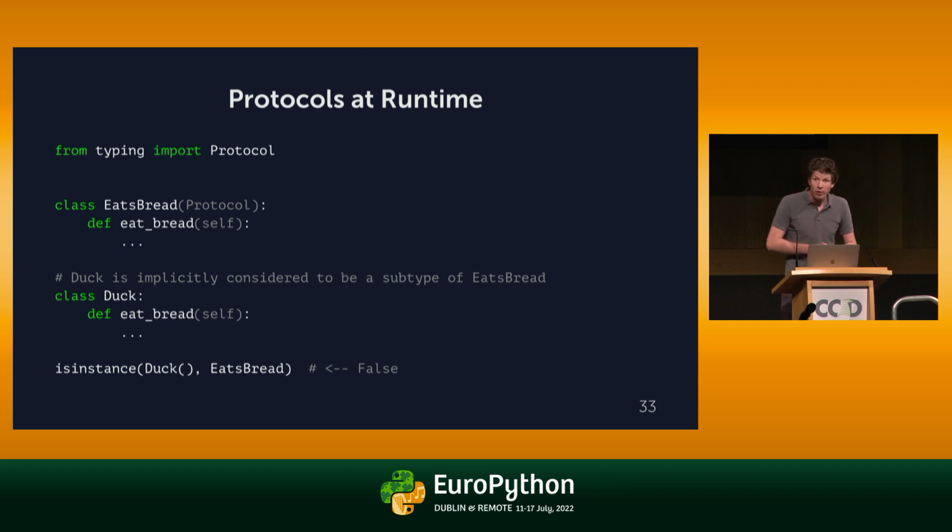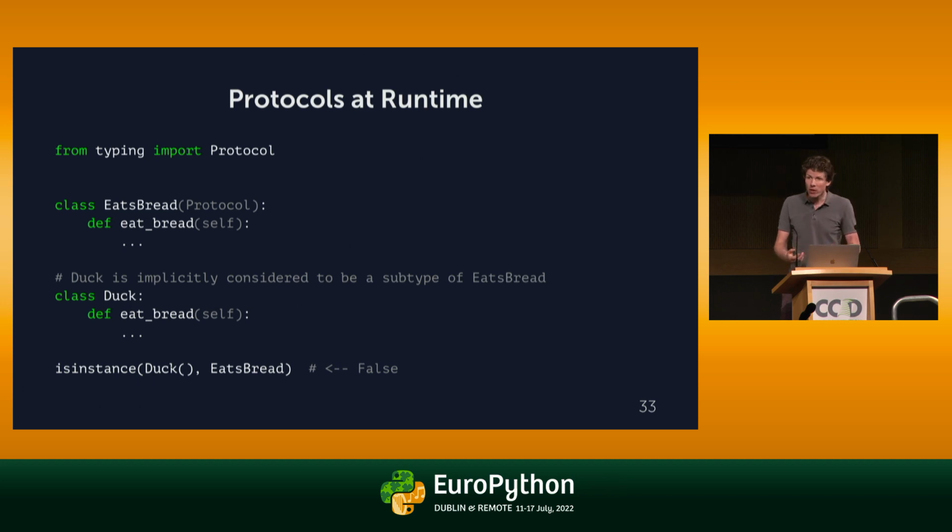On the other hand, if you just do it like this, we have this protocol called EatBread, and it defines that all classes that are EatBread should have the method eat_bread. We create the Duck that can eat bread, then a Duck is not an instance of EatBread. It is only so when type checking.